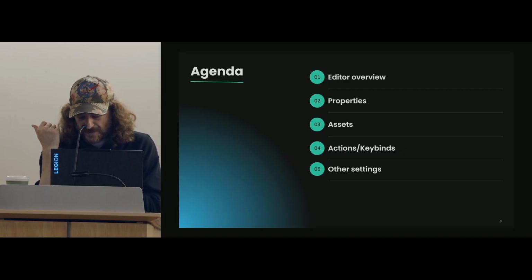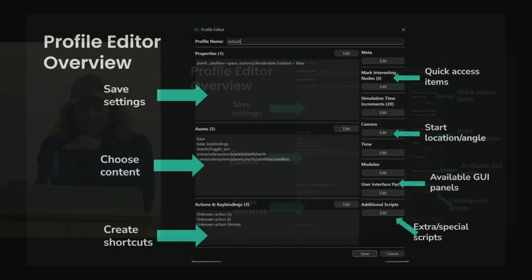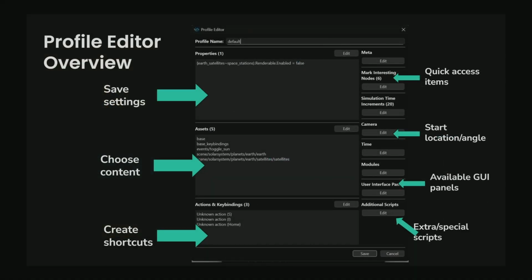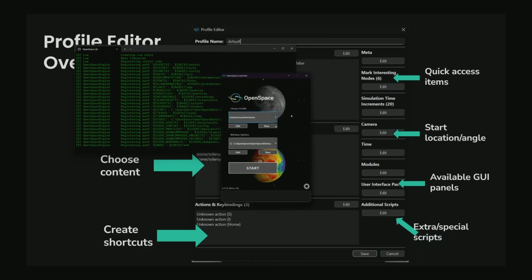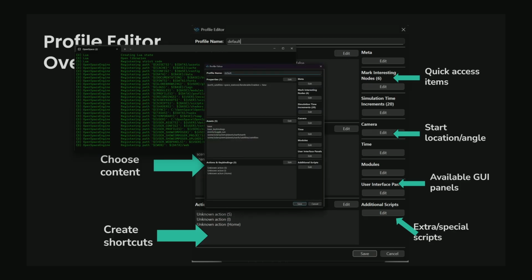Okay, so this is the profile editor, but before I show that, I have to show how we can get to it. So we're going to launch OpenSpace, but before we hit start, and hopefully for everybody it says default here, we're going to go here for new, and we're going to hit duplicate profile, and that will open up this box for us.